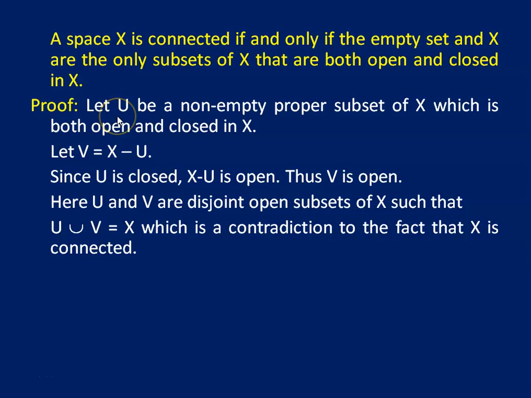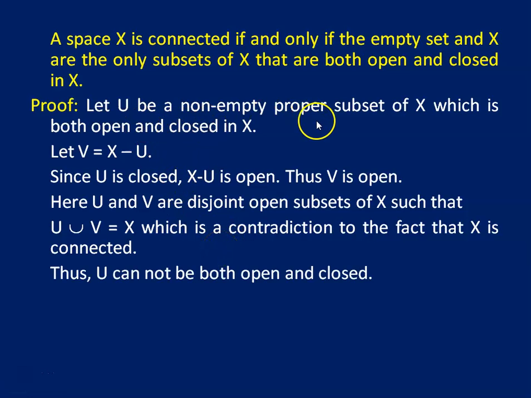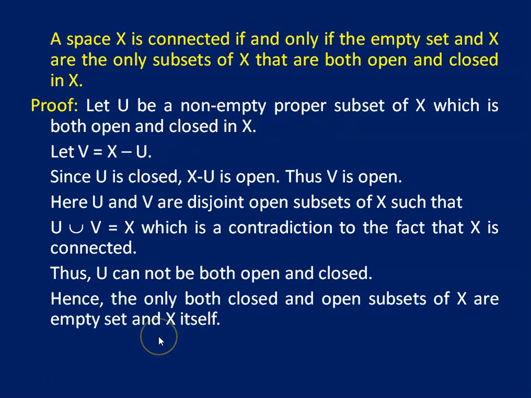So our assumption that U is both open and closed is wrong. So there doesn't exist any non-empty proper subset of X which is both open and closed. So we can say that the only subsets that are both open and closed are the empty set and X itself.